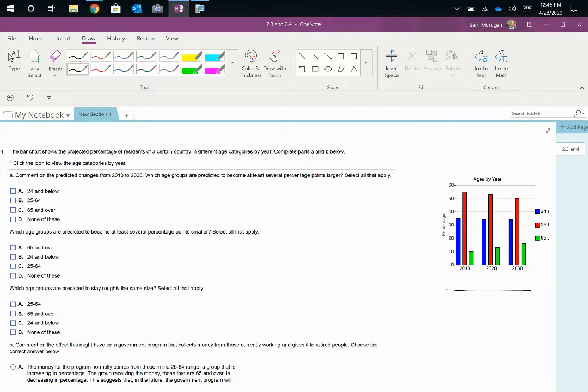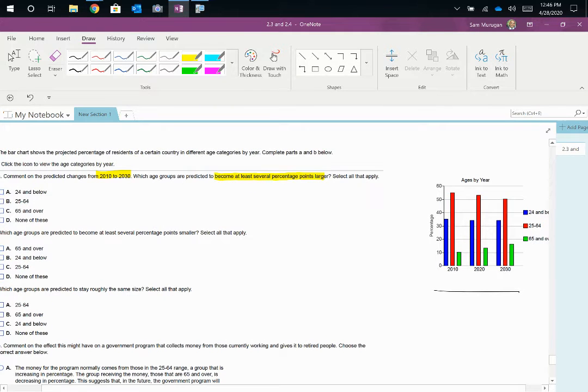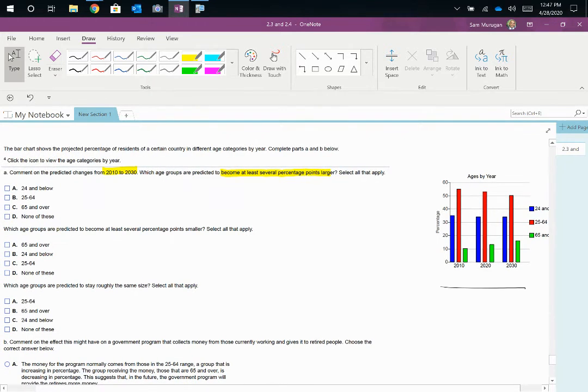Comment on the predicted age ranges from 2010. Which groups become at least several points higher? So notice that the group 65 and older continues to grow upwards right here. You can see that happening. This group is increasing.